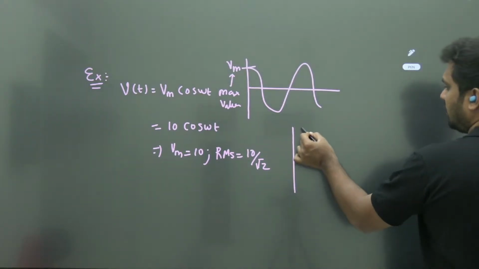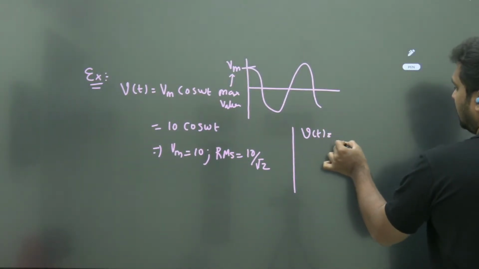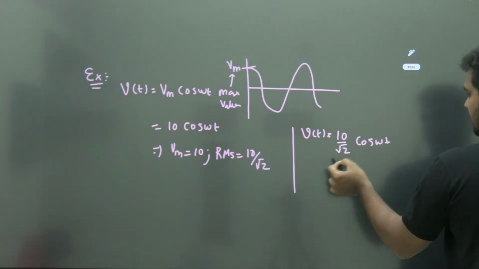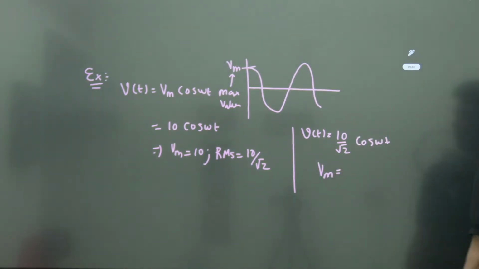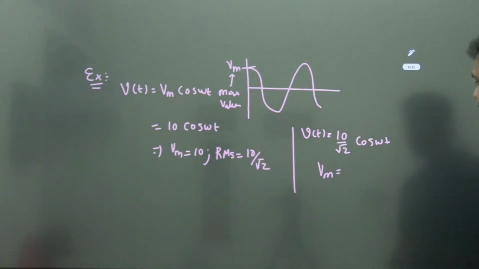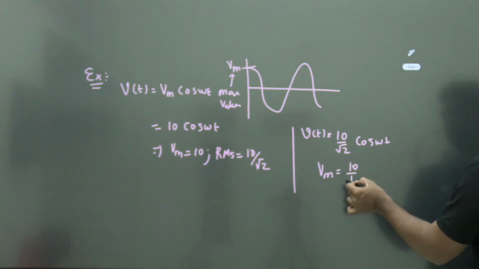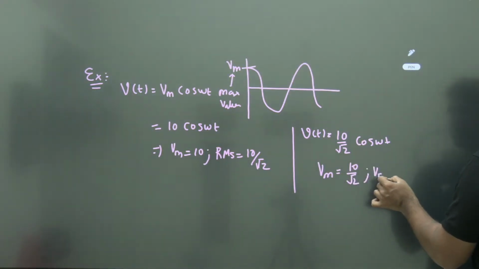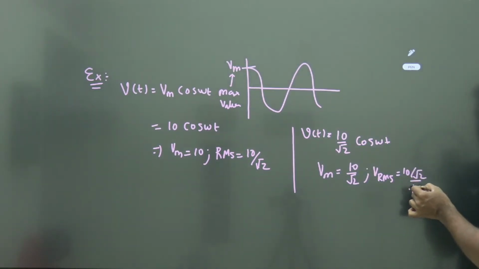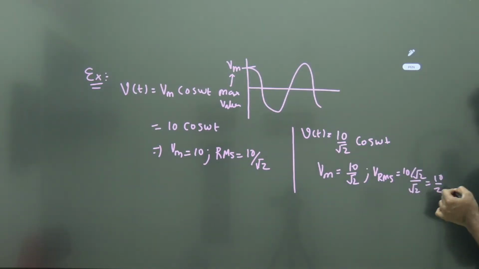Suppose your V of t equal to 10 by root 2 cos omega t. Here what is the maximum value? Here also the coefficient always represents the maximum value, and the RMS is the coefficient upon root 2, that might be 10 by 2.